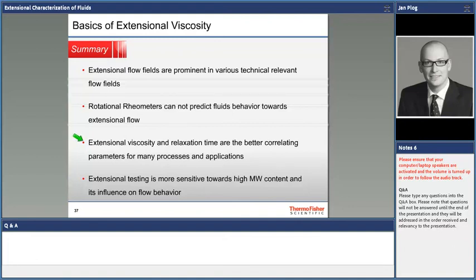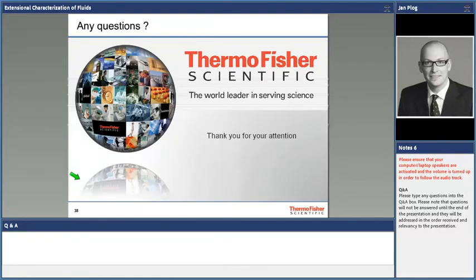With the extensional viscosity and the extensional relaxation time, you have much better tools for correlating a certain formulation's or product's behavior to a certain processing or application step, and the extensional viscosity is much more sensitive to the high molecular weight content and its influence on the flow behavior itself. So even samples with the exact same weight average molecular weight that might behave differently in a certain processing or application step can be probed with a CaBER experiment.